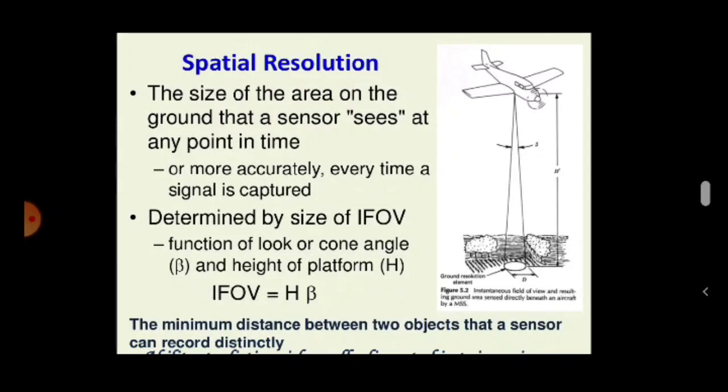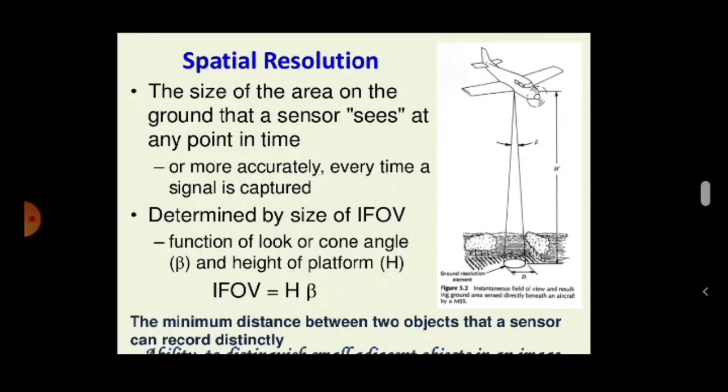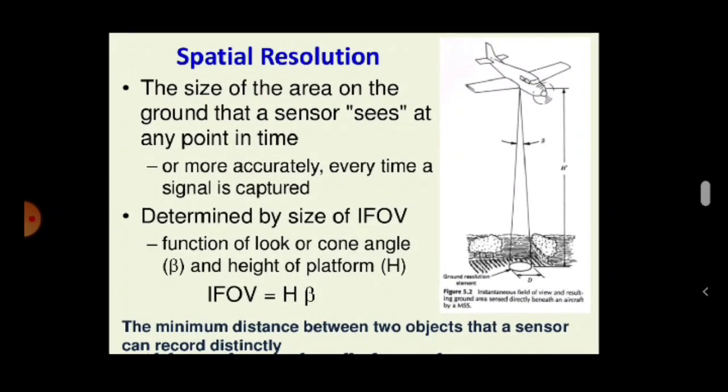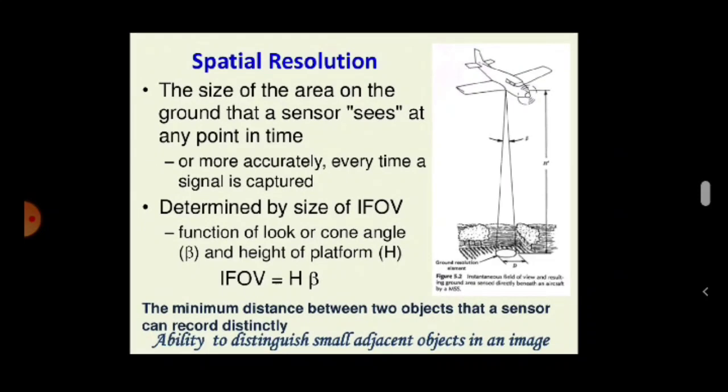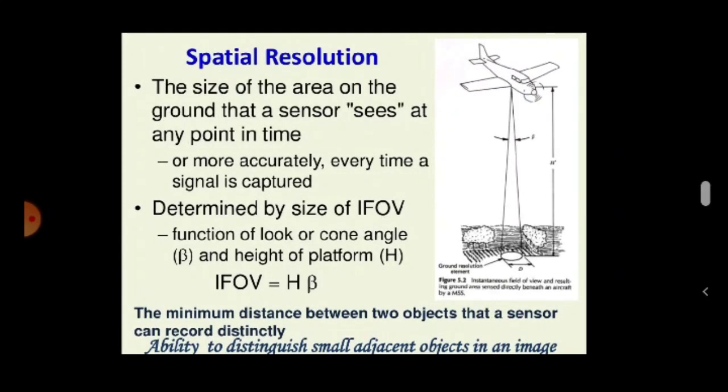The height has to be multiplied by the instantaneous field of view. Then you will have the ground resolution element, or in other words, the spatial ground resolution or spatial resolution of the sensor.